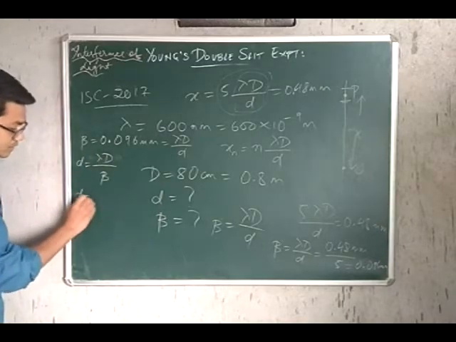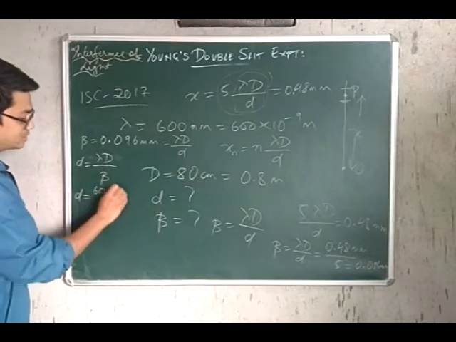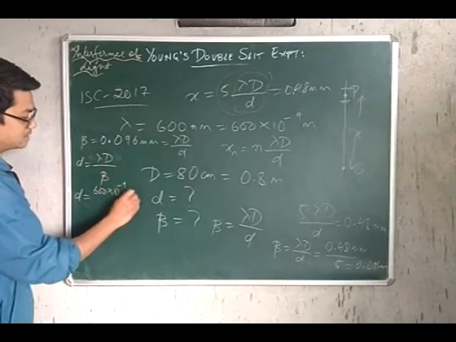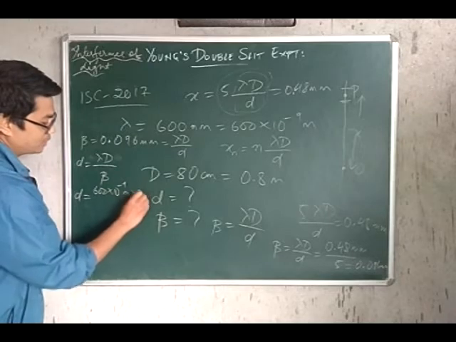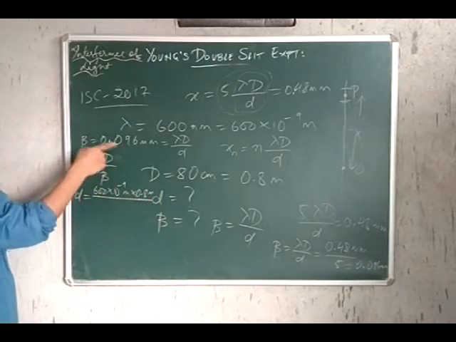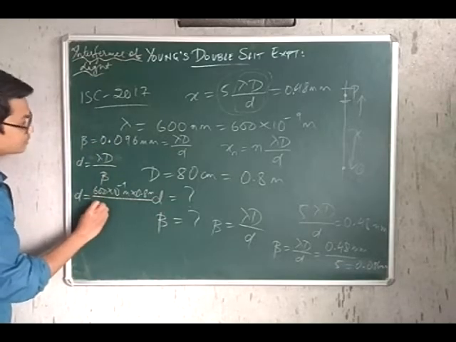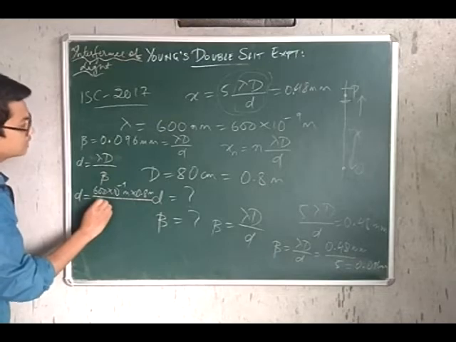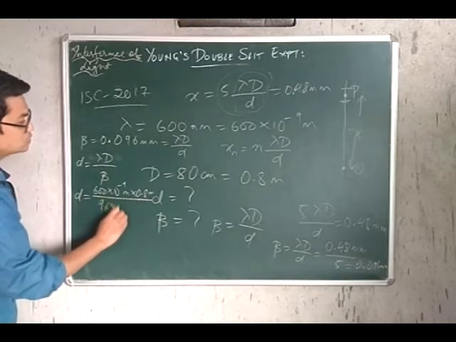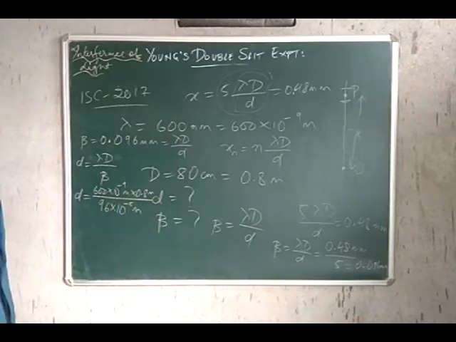I hope you all are following. So small d is 600 into 10 to the power minus 9 meters into 0.8 meters divided by 0.096 mm. Why?